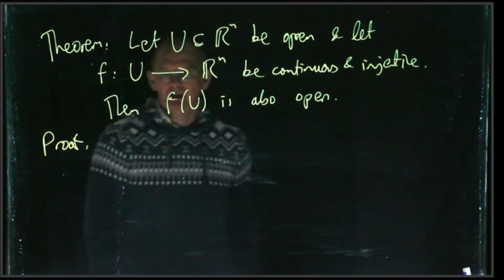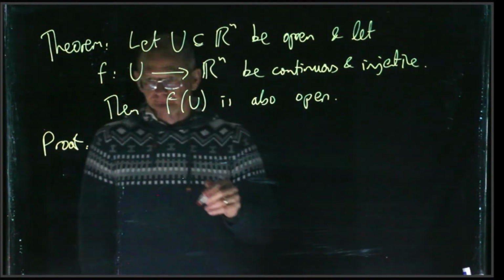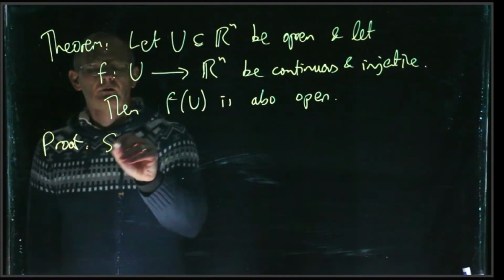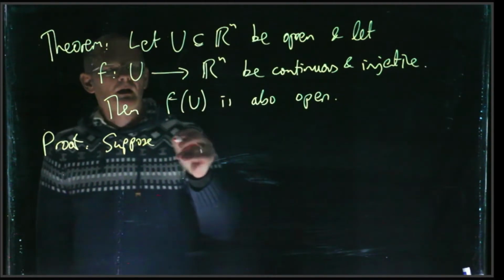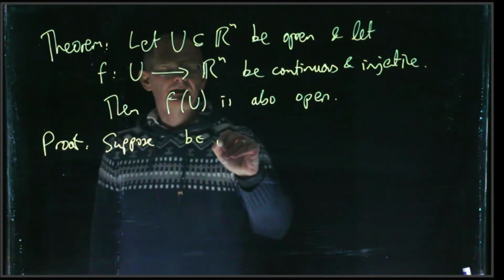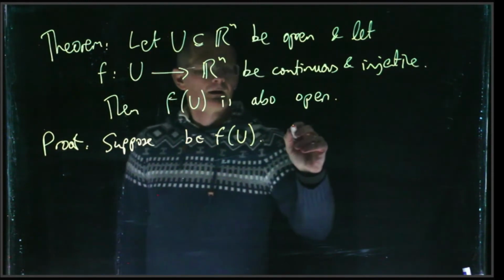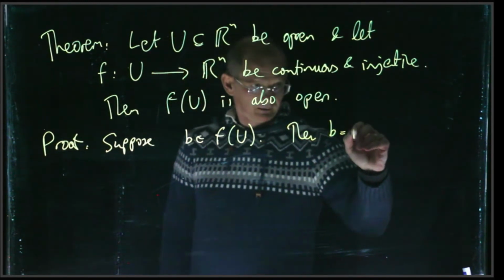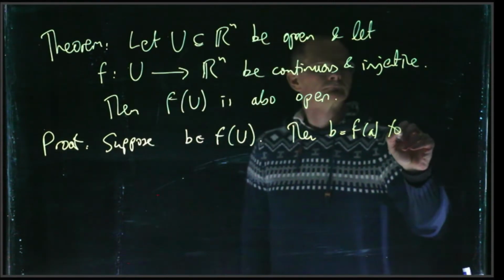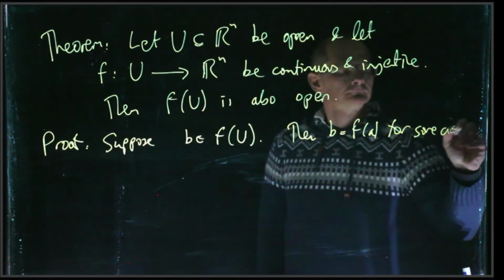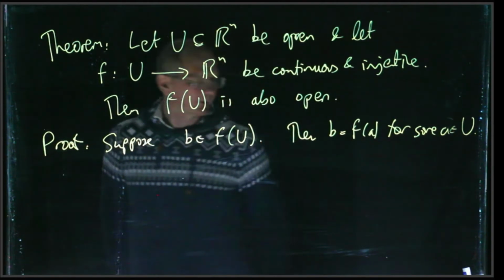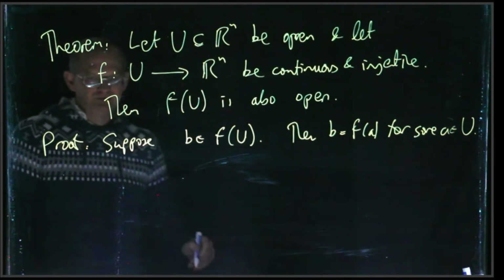And so the proof of that, well, suppose we've got some point B in f of U, then you just take some point A in U that maps to it.